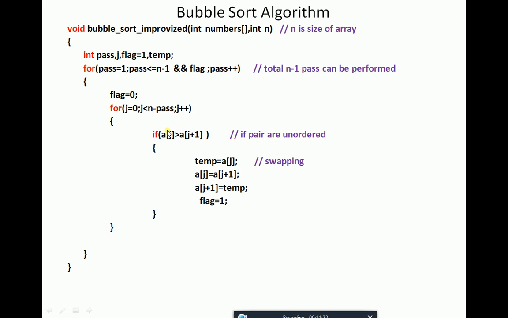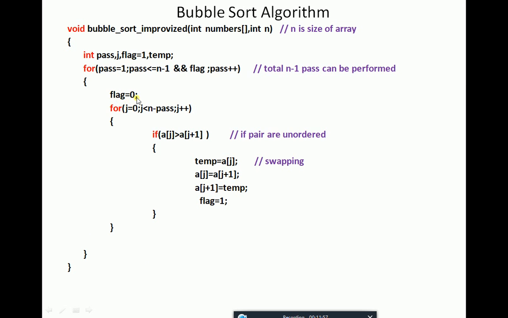And if in any pass this condition becomes true, meaning we need to perform the swapping, control comes inside this if, and we set the flag again, and it becomes 1. So once the flag is 1 in this inner loop, it will remain 1. It cannot be reset to 0. So if any one swap is done in the entire pass, we need to perform the next pass also.